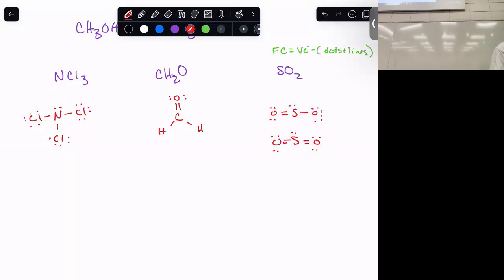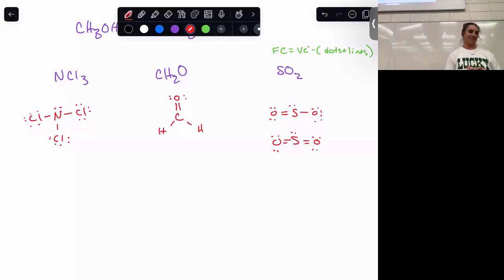For that SO2, deciding which one is preferred is tricky, since S and O are diagonal. Oxygen is 1 away from fluorine, and as you go down the periodic table, electronegativity decreases.